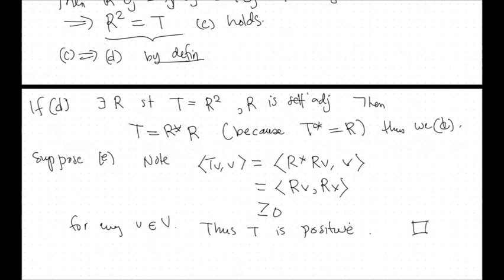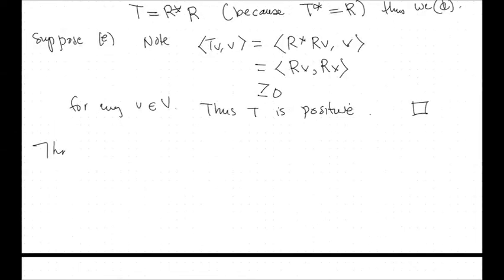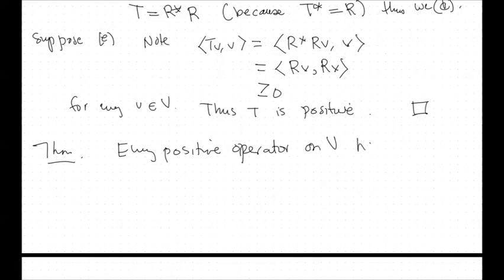Okay, let me make the following remark. Each non-negative number has a unique non-negative square root, and the next result will have almost the same property. So the theorem is as follows. Every positive operator on our vector space V has a unique positive square root.